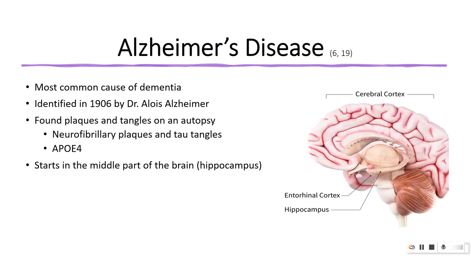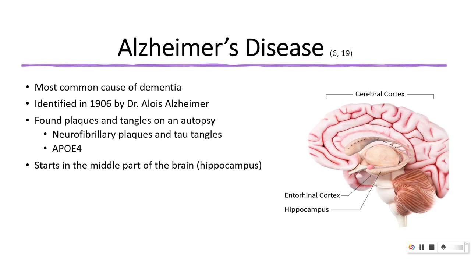So if we're remembering now that we each get one APOE gene, if somebody has an APOE4, they're finding that 25% of people will carry one APOE4, and 2 to 3% will carry two of the APOE4 gene. So it's the APOE4 that is a marker that is being found in those with Alzheimer's.